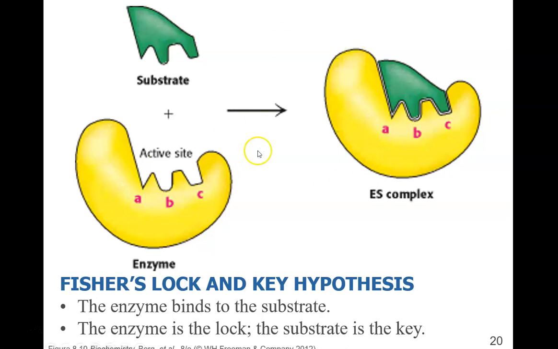So I don't really have a good picture of this, so I did my best here. This actually describes the lock and key hypothesis really well, where you've got the substrate, here's our enzyme in yellow, and we form this really nice stable enzyme-substrate complex. But again, we saw that if you have a really nice enzyme-substrate complex, there's nothing to motivate you to form product.